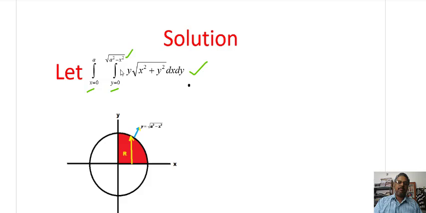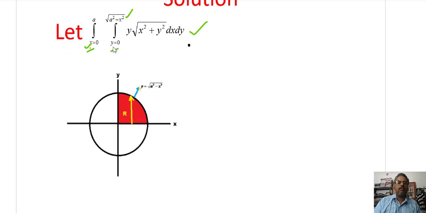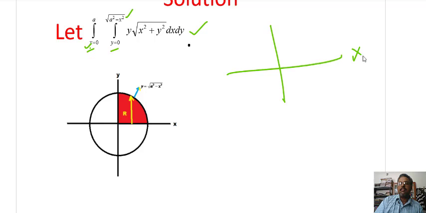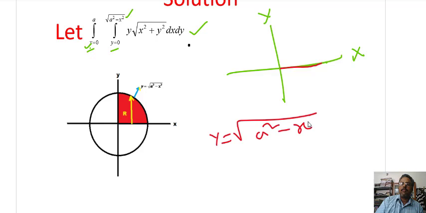Now if you observe, y equals 0 is nothing but the x-axis. And also y equals root over a square minus x square.